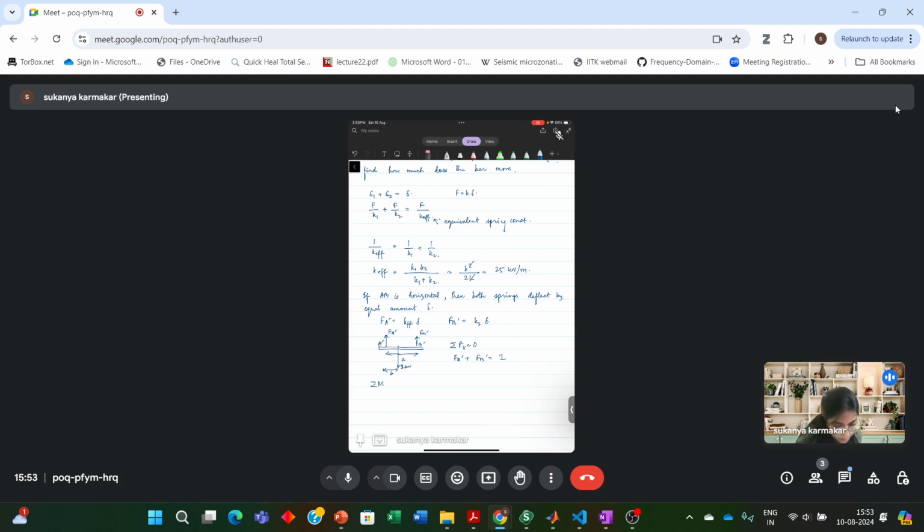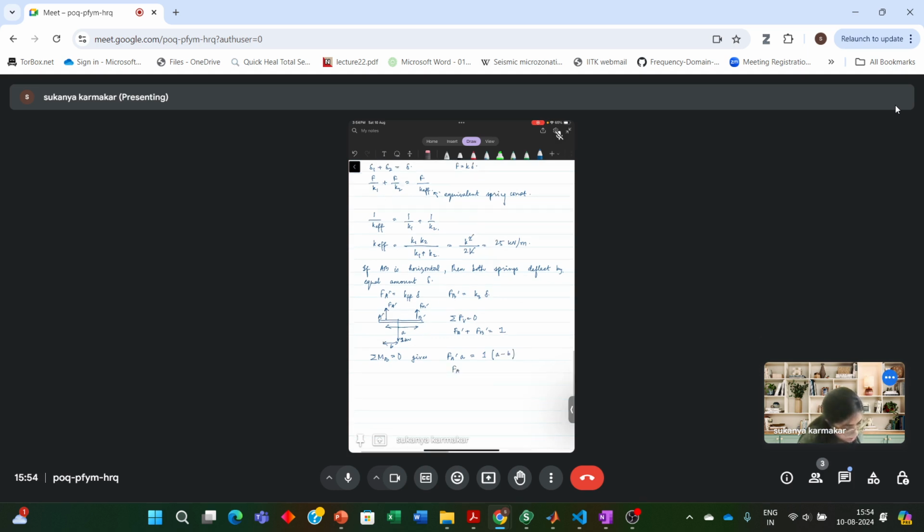Summation of moment about point B dash is equal to 0. So that gives FA dash, which is at a distance A. In the opposite direction, you have the 1 kilonewton force, at a distance of A minus B. So from here, FA dash is (A minus B) by A, or 1 minus B by A.